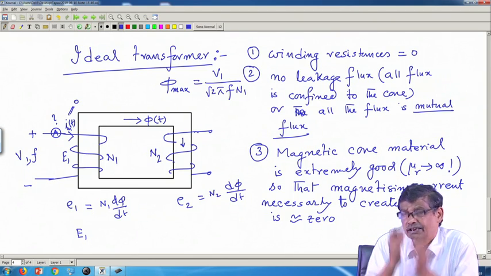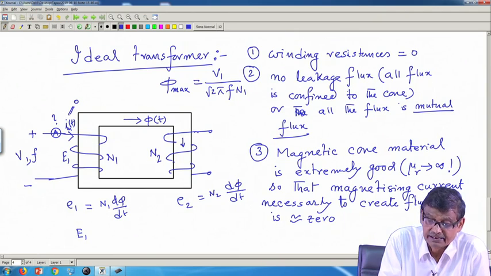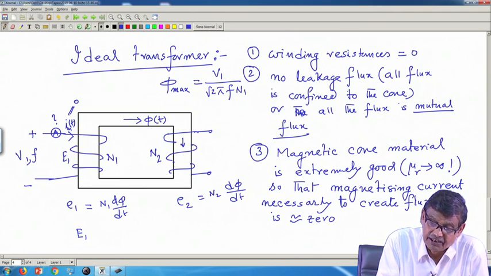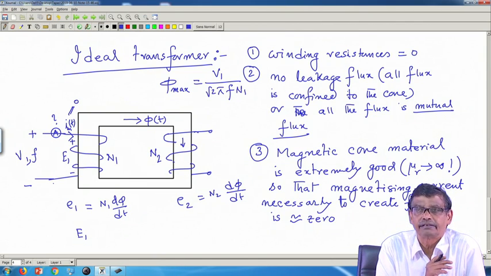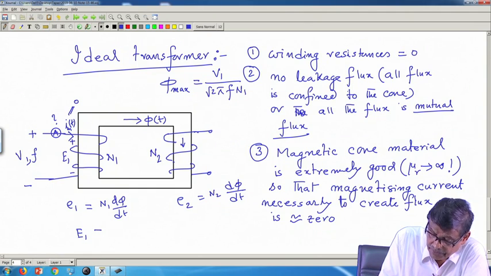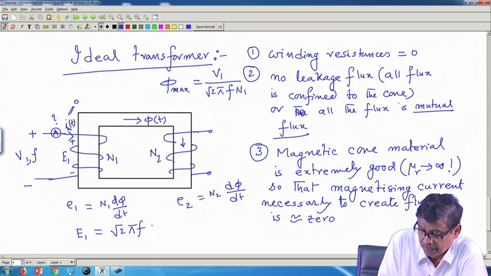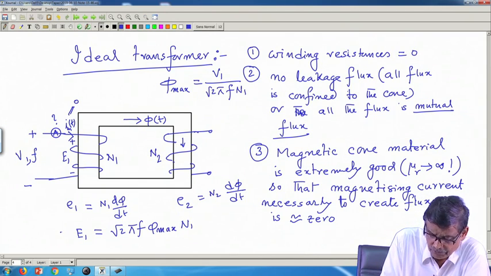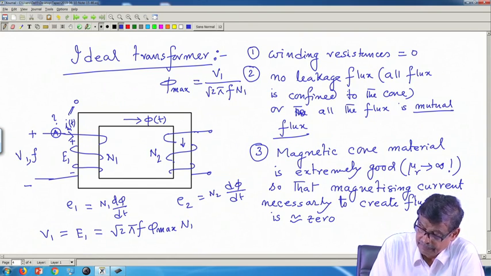I have applied physical reasoning: if supply voltage at any time is increasing, then flux is increasing, this terminal has to become plus and minus so far as E1 is concerned. E1 is equal to root 2 pi f phi max N1, which of course happens to be equal to V1, because KVL is to be satisfied.